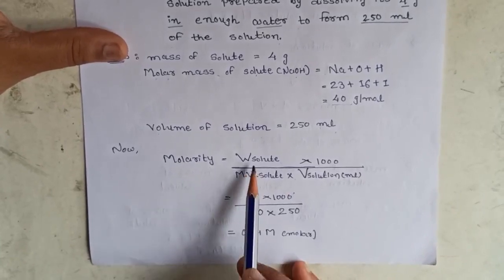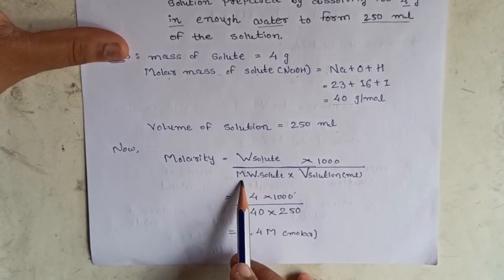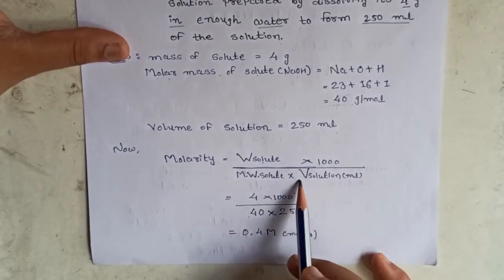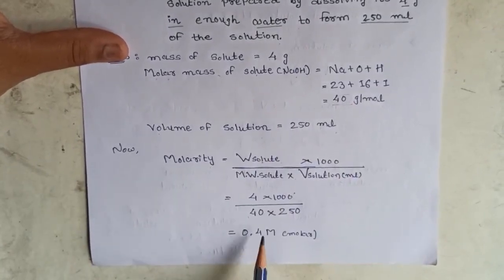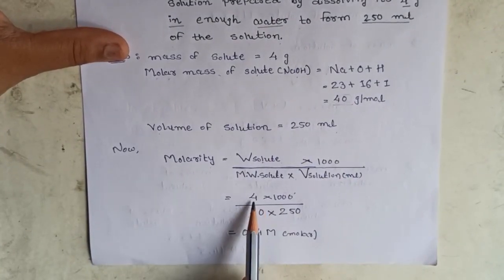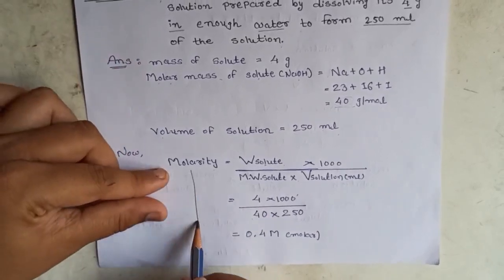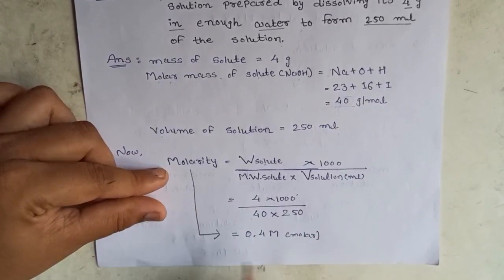Replace all the values. The mass of solute is 4 gram given. Molecular mass of solute we already found out, which is 40, and the volume of solution is also given, 250 ml, right? So simplify that and you will get the molarity for this solution will be 0.4 molar, right? Capital M means molar, right?